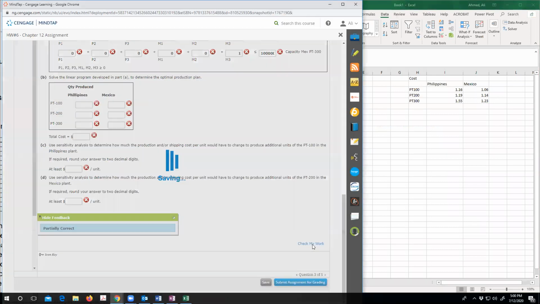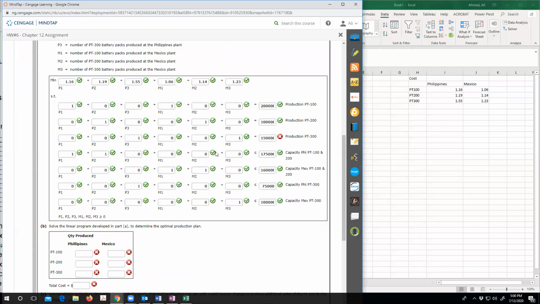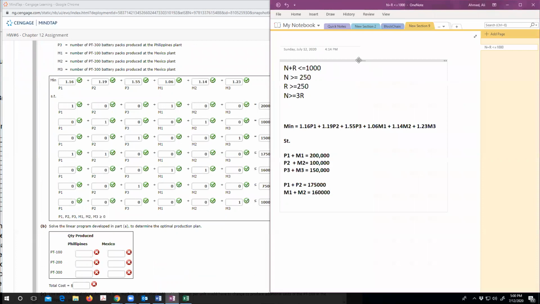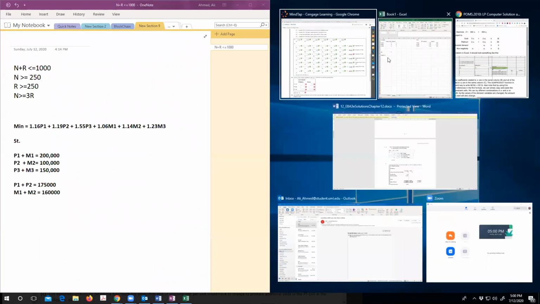All right, so let's check our work. All of this is correct. So we have to enter constraints now.